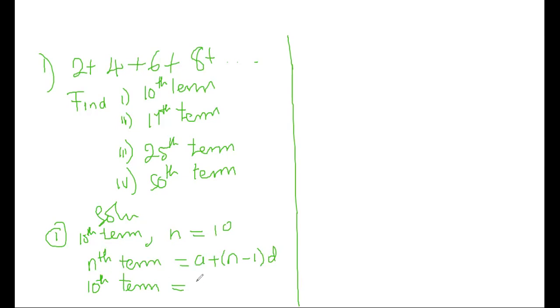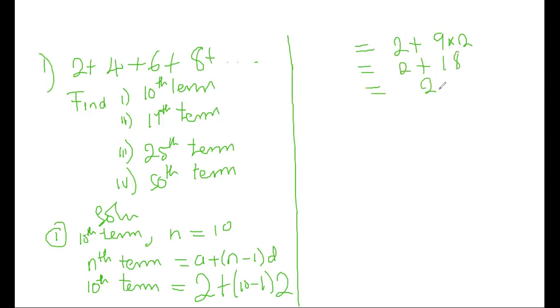Our A is 2. 2 plus 10 minus 1 times D. What is the D? D is also 2. So this will equal 2 plus 9 times 2. This one we might not need a calculator. This is 18. The answer will be 20. The 10th term will be 20.